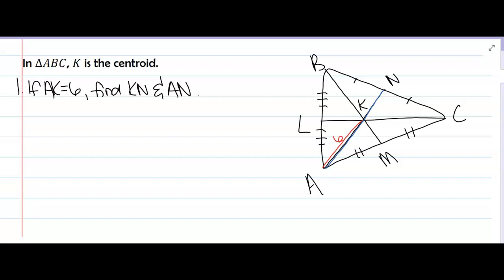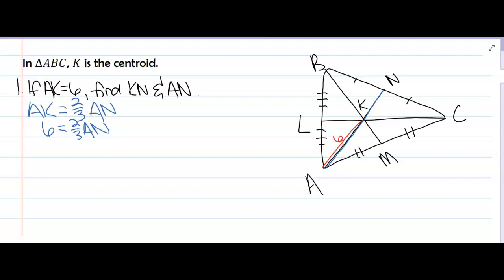So remember, that distance from the vertex, AK, to the centroid is going to be 2/3 the entire median, which is AN. So I can set up this equation. I know what AK is. AK is 6. So if I plug that in, I would get 6 equals 2/3 AN. And then I can solve for AN.